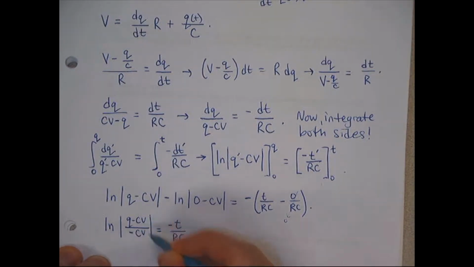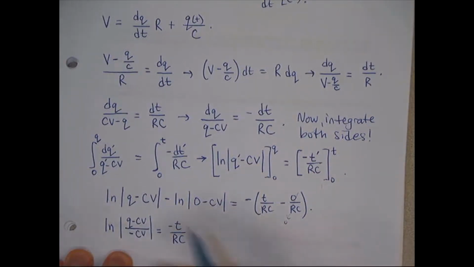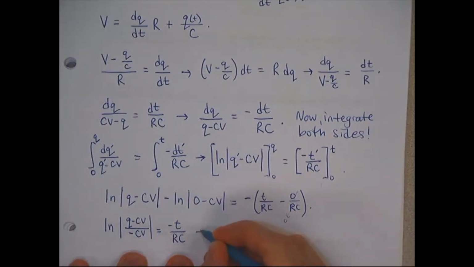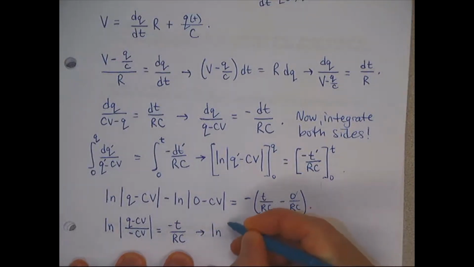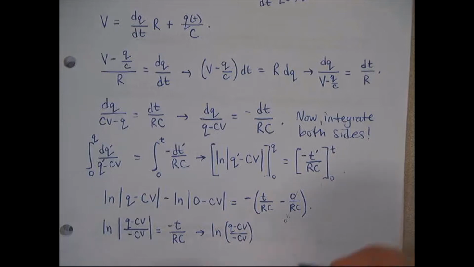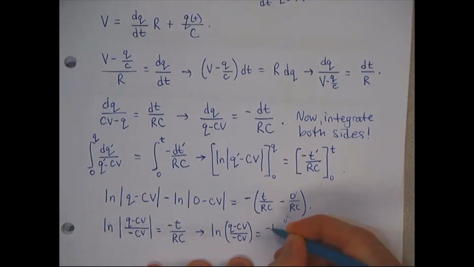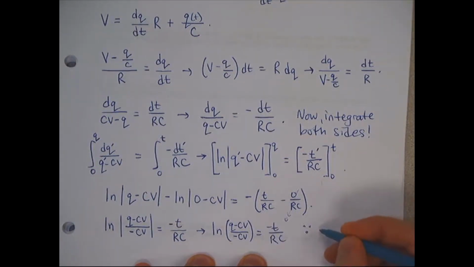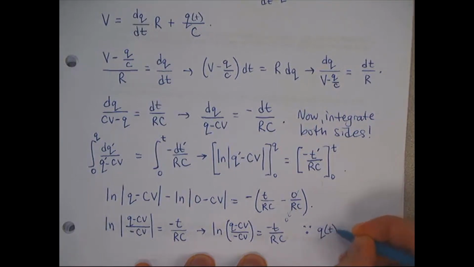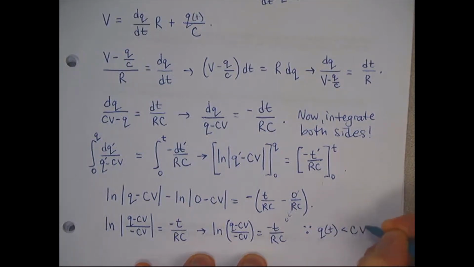When you divide by negative the maximum charge, you have a positive number sitting there inside of that absolute value bracket. So we could rewrite this without the absolute value. You must keep the same argument. We've just argued that that argument is positive. Q at all times will be less than CV.